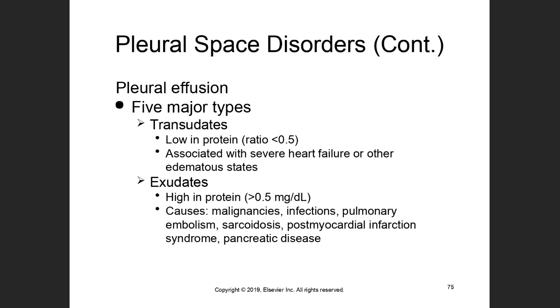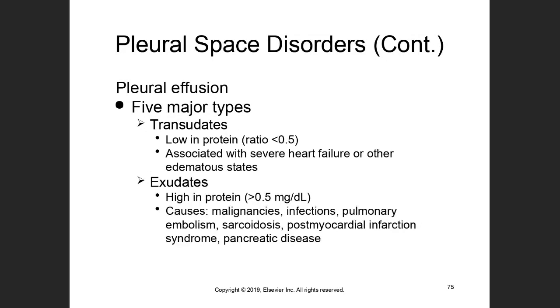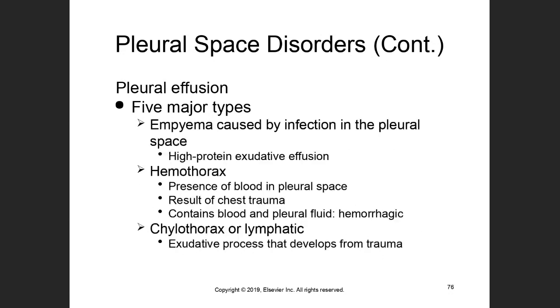We have transudates and exudates. Okay. Empyema, hemothorax, chylothorax. Okay, listen. The main pleural effusions are divided just into transudate or exudate. Okay, those are the pleural effusions.